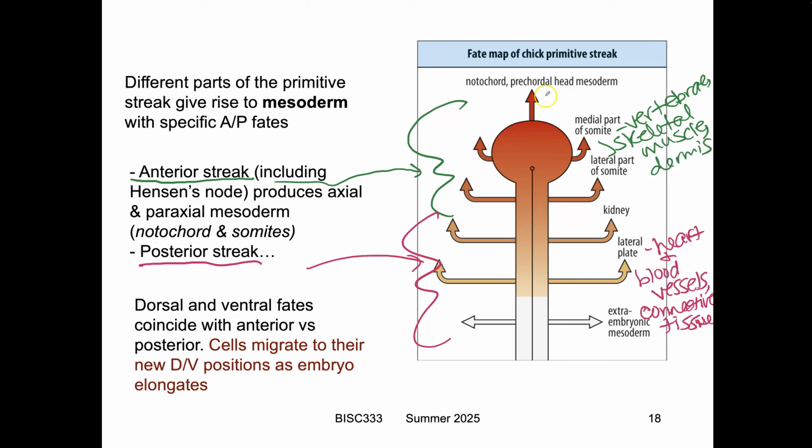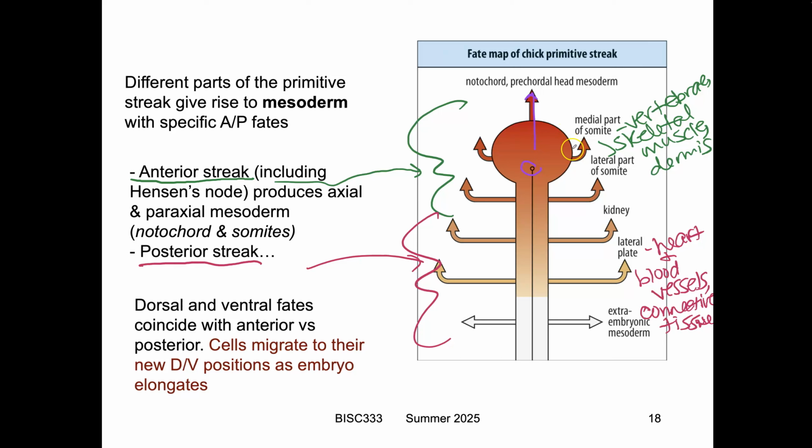So if we look at the primitive streak at the most anterior part, the farthest that it reaches, the notochord forms, and then there is this region, the precordial head mesoderm. This is the mesoderm that's going to participate in formation of the head structure above the notochord, because the notochord doesn't extend right up into the head. It starts approximately where the brain and the rest of the neural tube will form with each other.